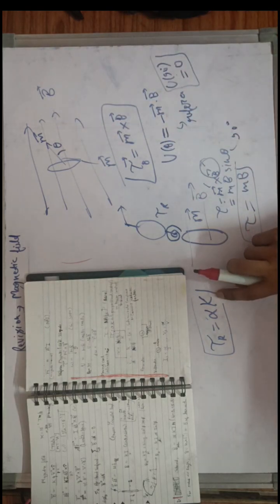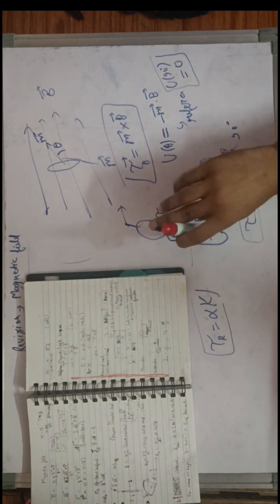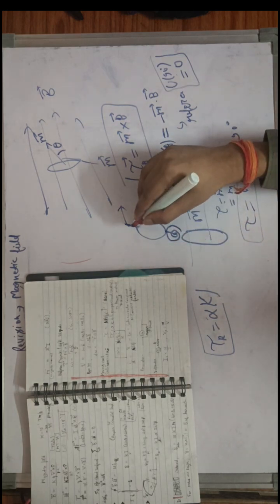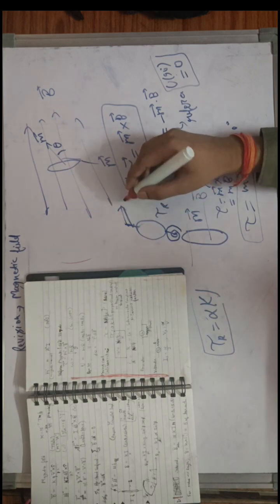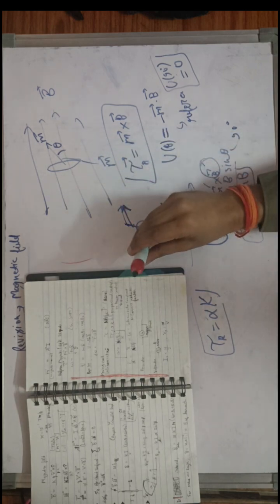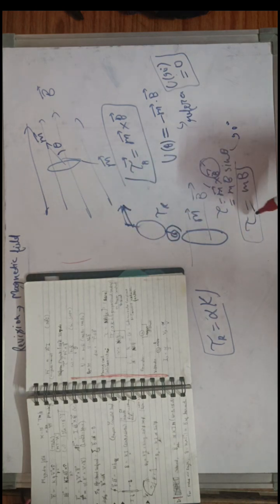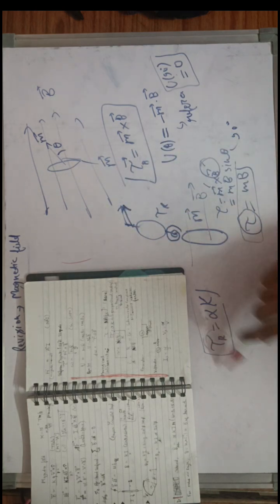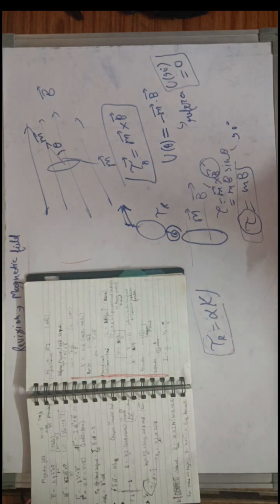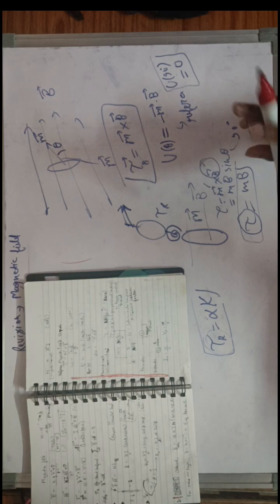This is a different k, and this coil is attached with a needle, so that at the equilibrium position, when this torque becomes equal to this restoring torque, we get some deflection and some reading shown.